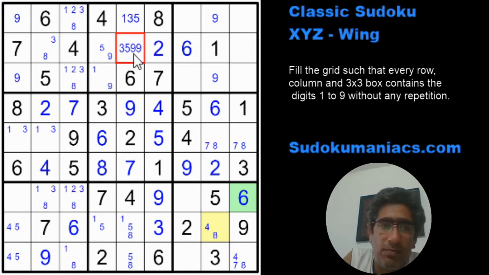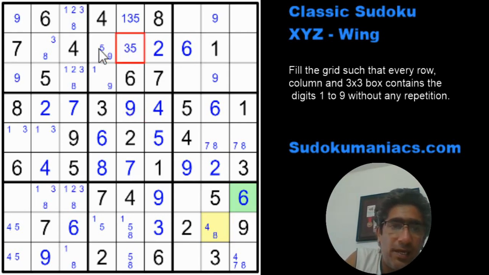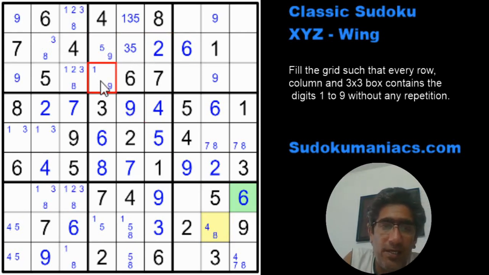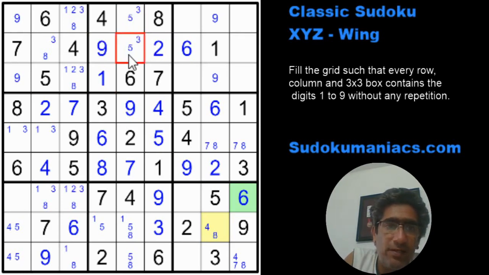Oh, 9 would not be possible. Sorry, because we already have a 9. So coming back to our number, since 9 is locked in these two, this cannot be a 9. So this becomes a 1, and this becomes my 9. So this becomes a 3, 5, which eliminates the 5 from here, and that becomes a 5.